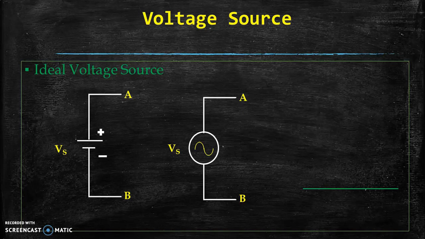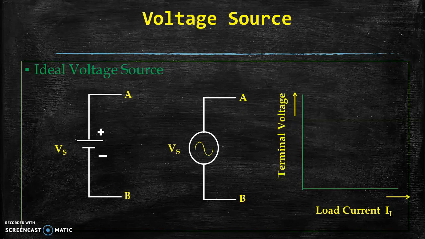We have x-axis as well as y-axis. On the x-axis, we have taken load current, that is IL. On the y-axis, we have taken terminal voltage, and with respect to load current, if we draw the characteristic of the terminal voltage, then it remains constant irrespective of the level of load current.